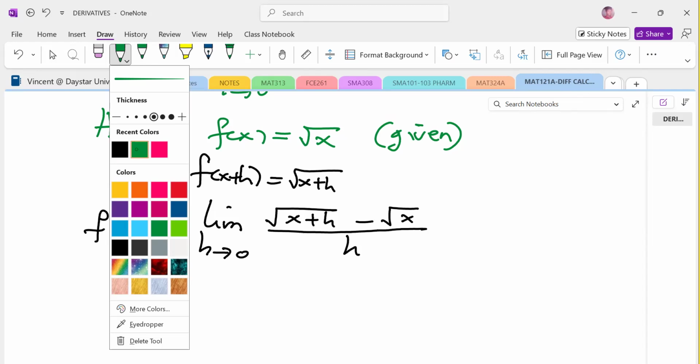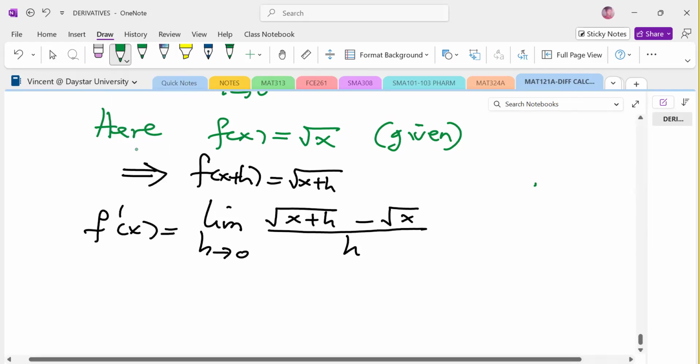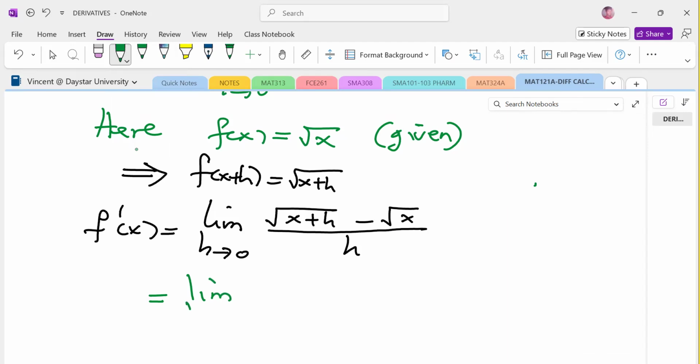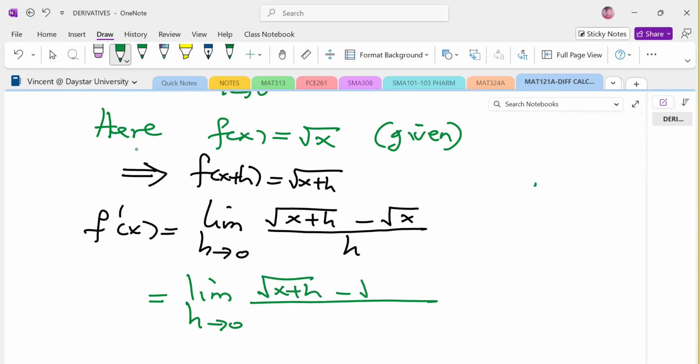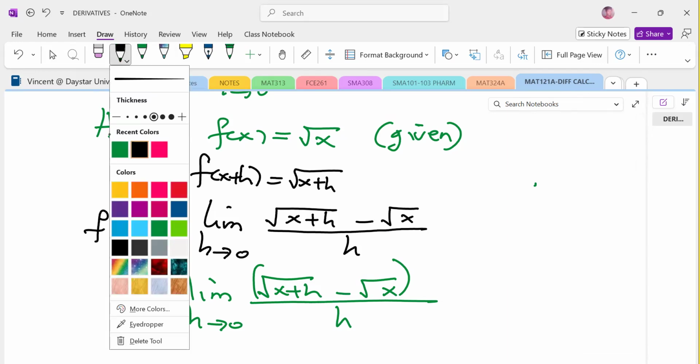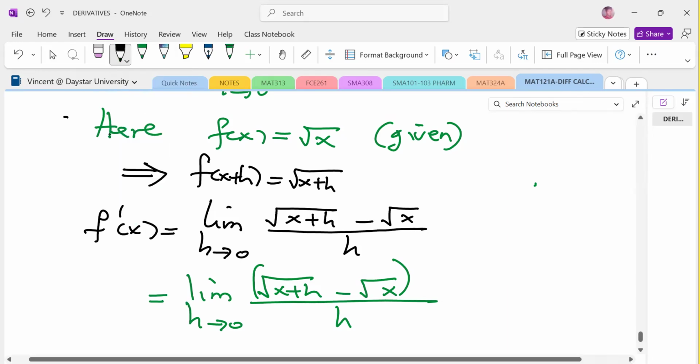So we use rationalization because we can see a root function. So we rationalize the numerator. So we write this one as the limit as h approaches 0 of root x plus h minus root x over h. Then you multiply the numerator and denominator by the conjugate of the numerator. And conjugate simply means you rewrite the same terms in the numerator, but change the sign to plus.